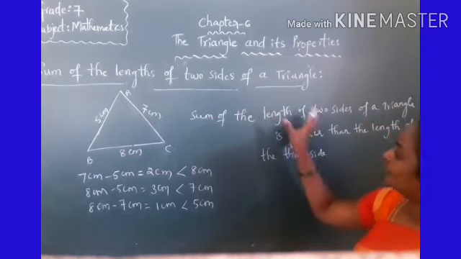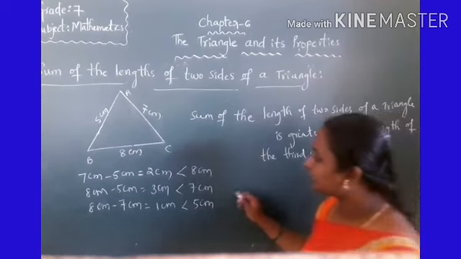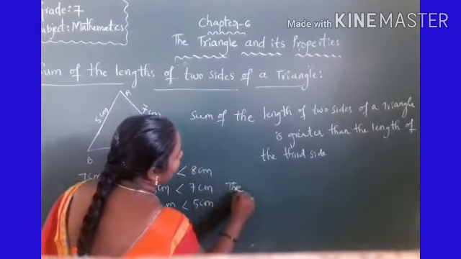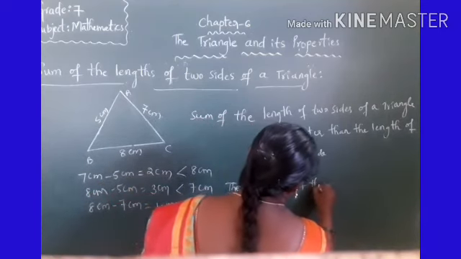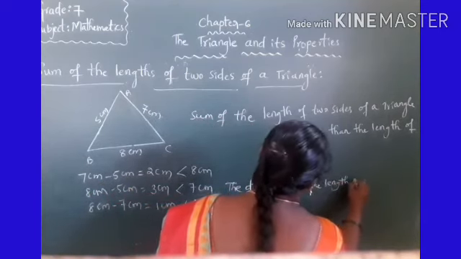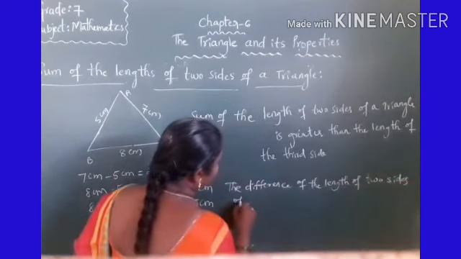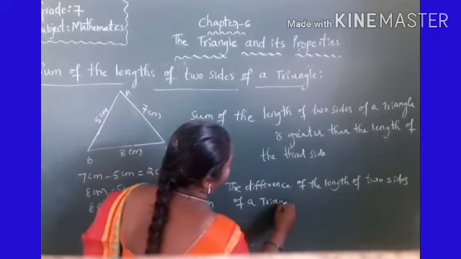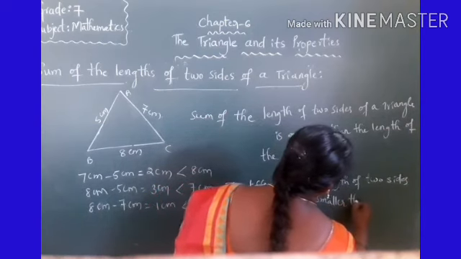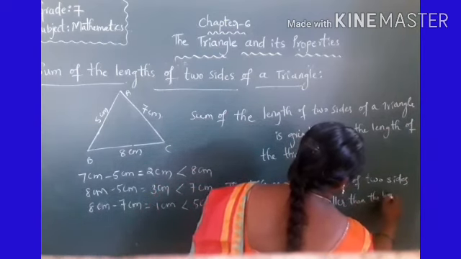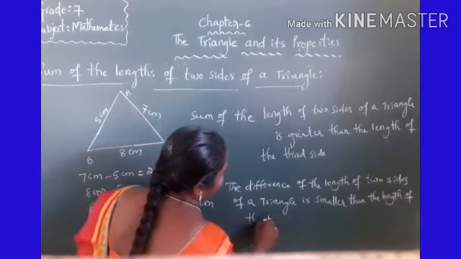In the sum, two sides of a triangle are greater than the third side. The difference of the lengths of two sides of a triangle is smaller than the length of the third side.